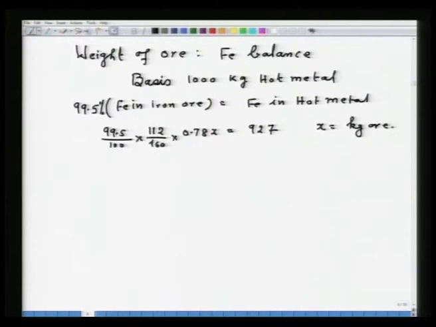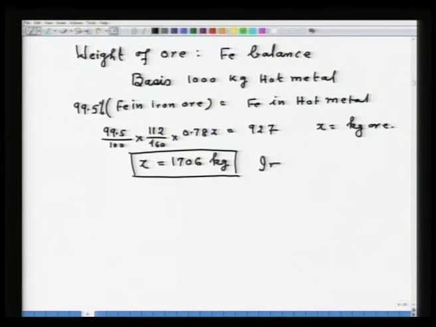Then x is equal to 1706 kg. So, this is the amount of iron ore. What I wish to say is that if you want to calculate the amount of iron ore, the iron balance is the starting point.